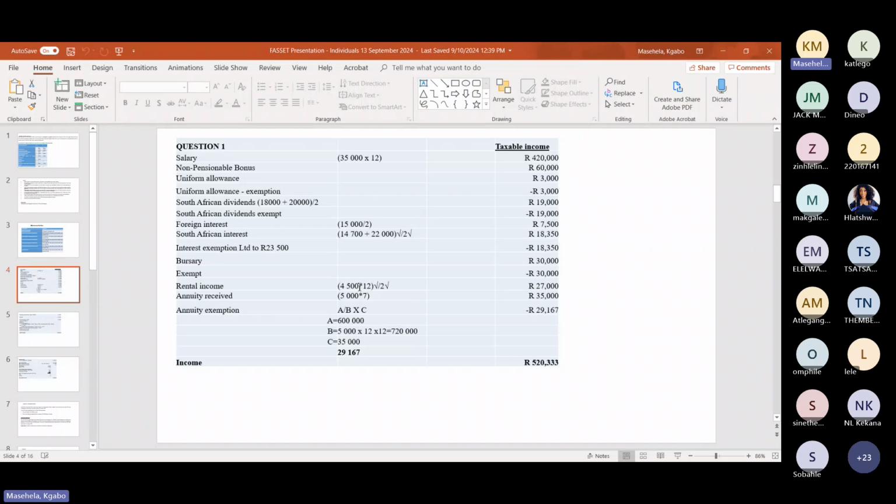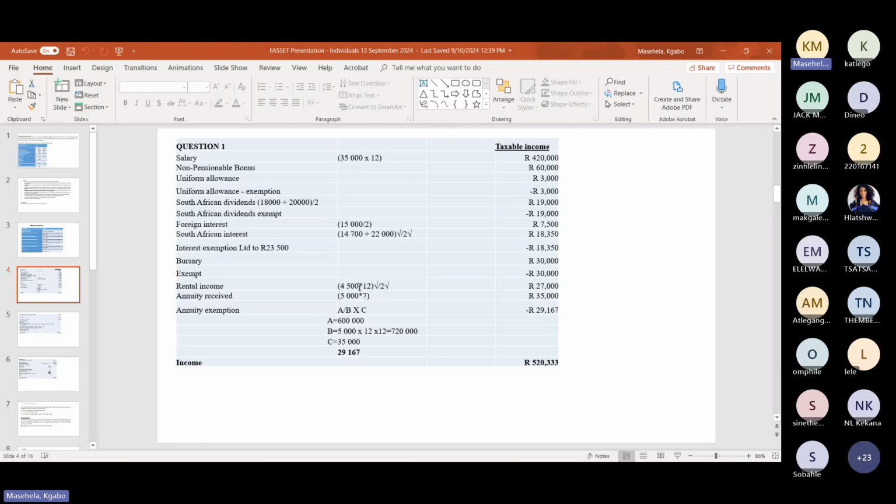The South African dividends, I'm always, all the time, telling the students, please don't cram. You must know the reasoning behind why South African dividends are exempted in full. It's exempted in full because when it is paid to the recipient, already the company has withheld 25% of that.